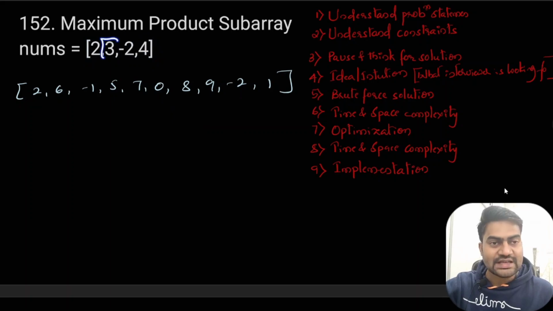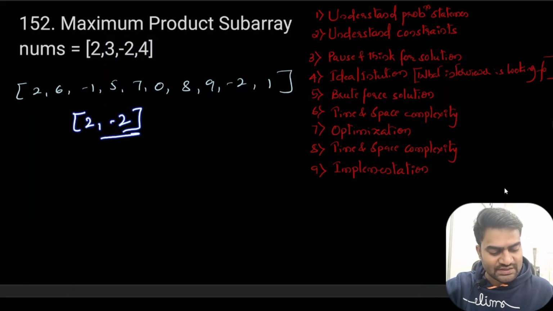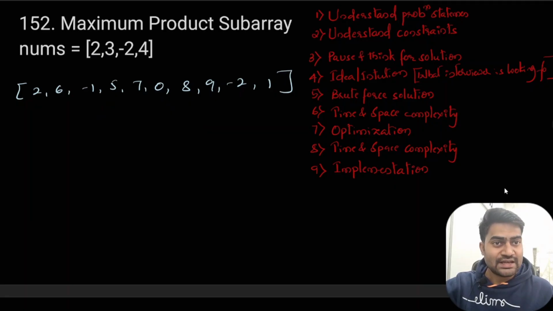Next, 3 can be a subarray, 3, -2 can be another, and 3, -2, 4 can be a subarray. We cannot say 2, -2 is a subarray because it is missing the 3 from the array. There should not be any element missing in between, but it can be a part of the array containing at least one number, and the numbers should be contiguous.